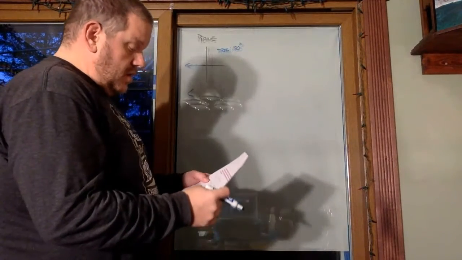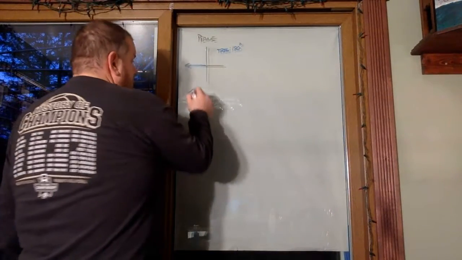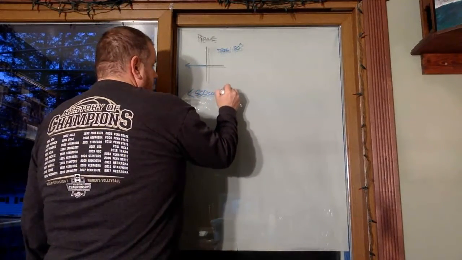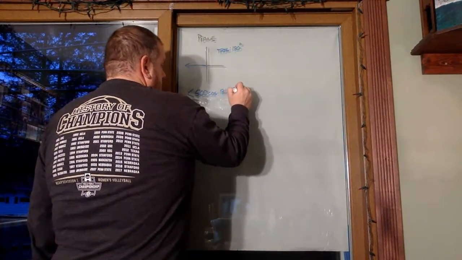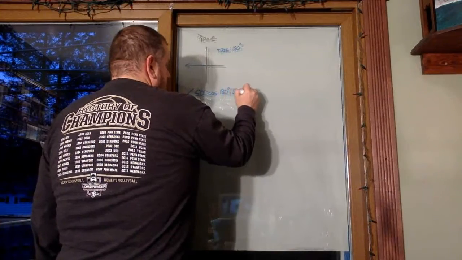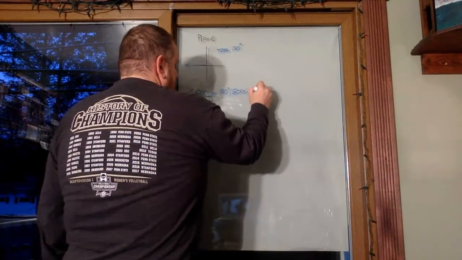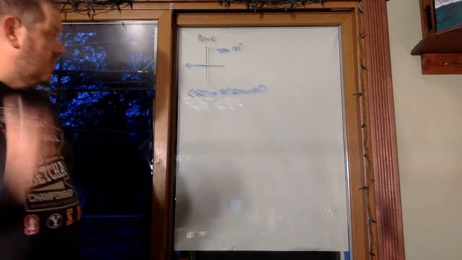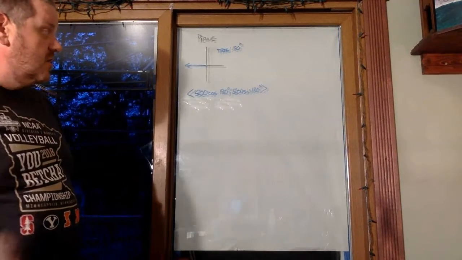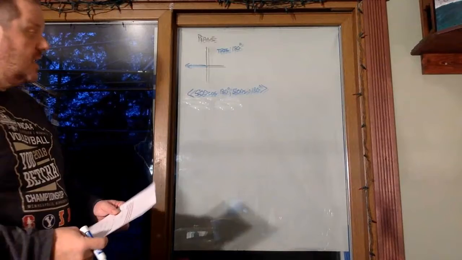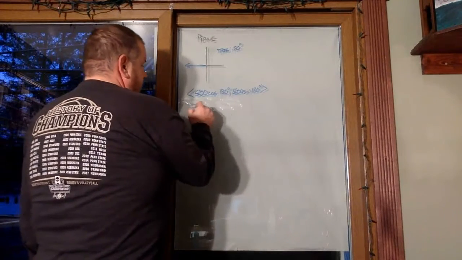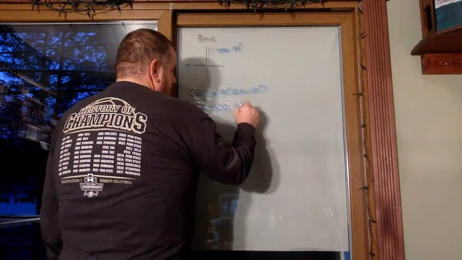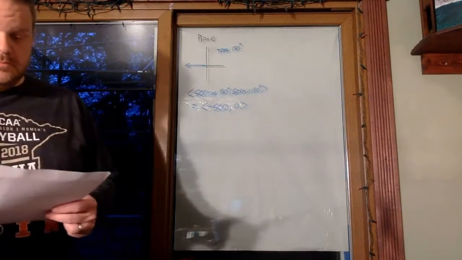It is flying at 500 miles an hour, so it would be 500 cosine of 180 degrees, 500 sine of 180 degrees, or simply negative 500, comma 0.